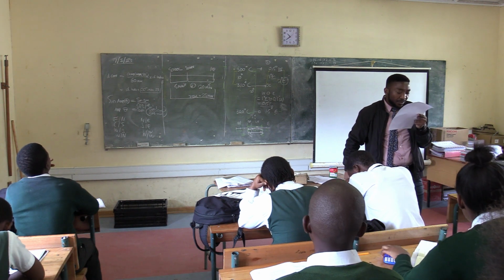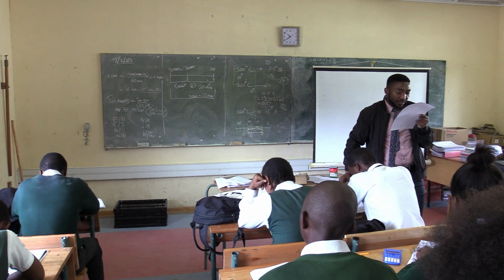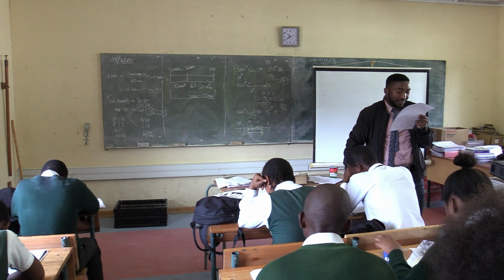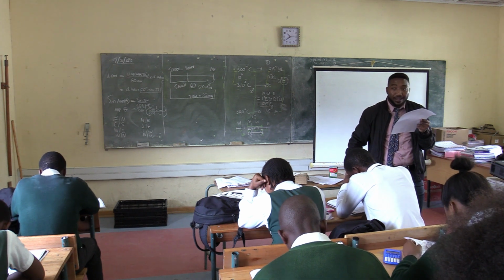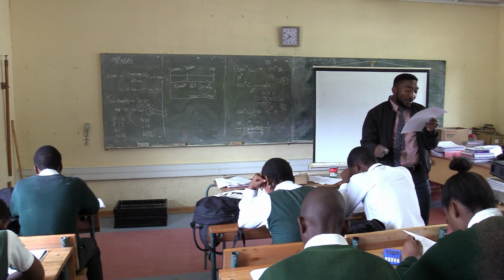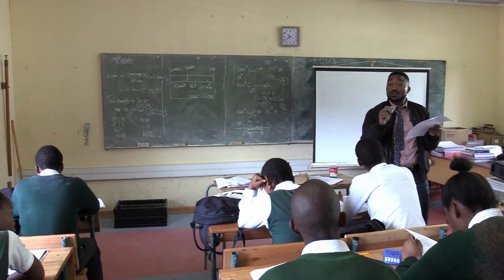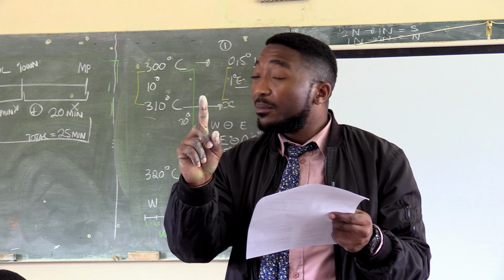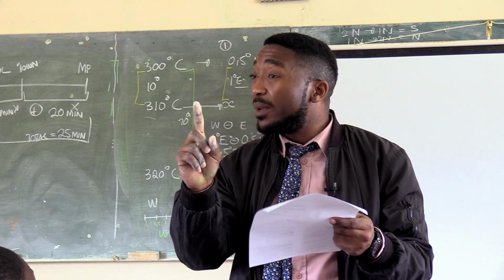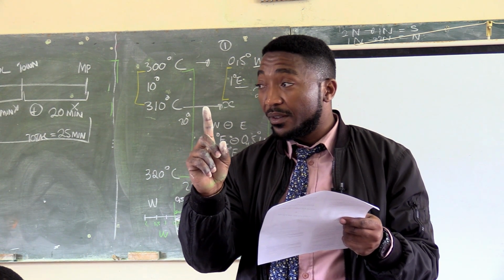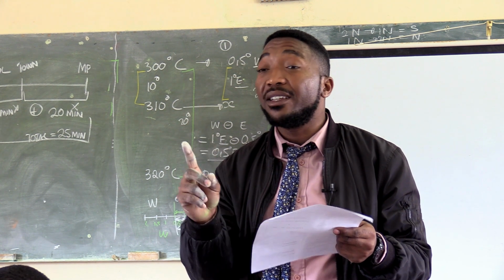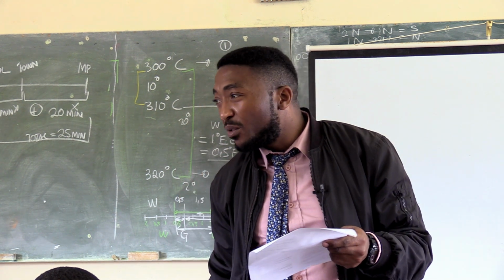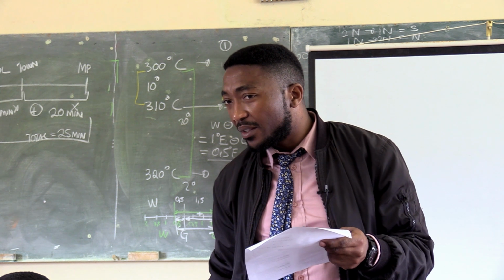Your calculator will give you answers in the form of degrees, minutes, seconds. You must write that in that format. Remember I taught you that we have to convert seconds to minutes. 1 minute is equal to how many seconds? 1 minute is equivalent to 60 seconds. 0.5 of a minute is equivalent to how many seconds?